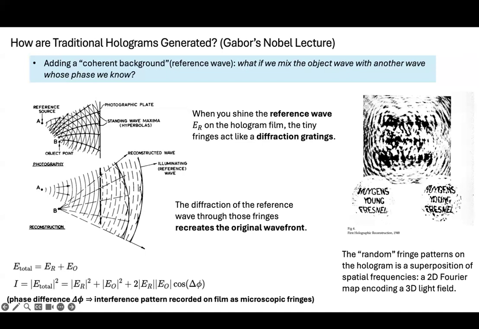The recorded holograms on the film often look like random fringe patterns. This is because it is a superposition of spatial frequencies. So you can view it as a 2D Fourier map that encodes a 3D light field.